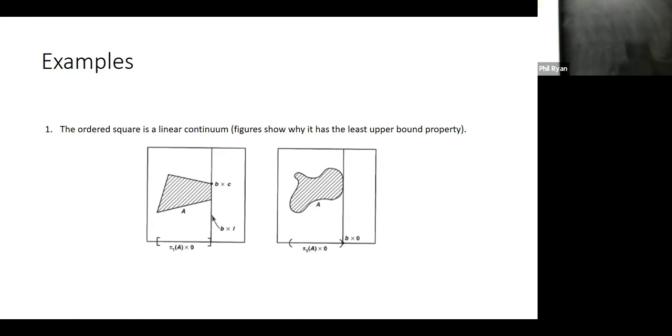The only thing that we have a problem with is, well, what happens if B is not a first coordinate of an element in A?